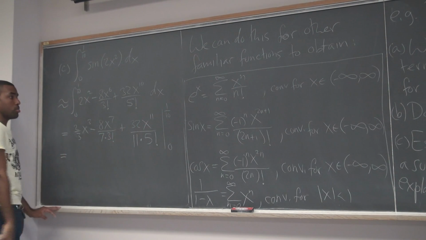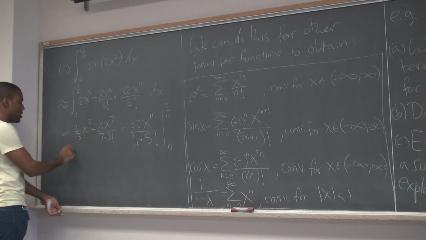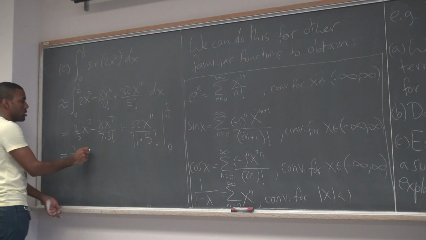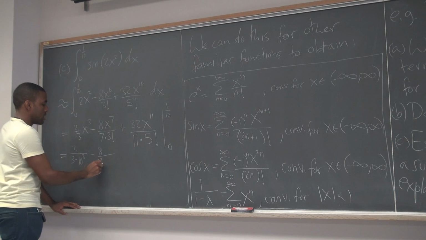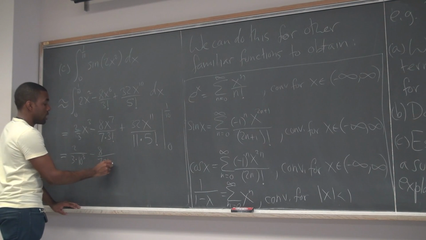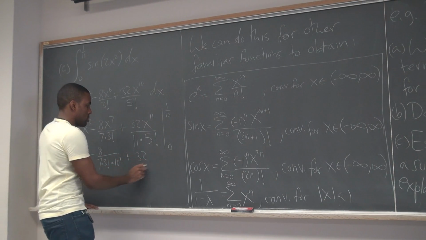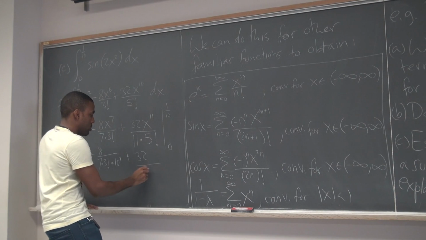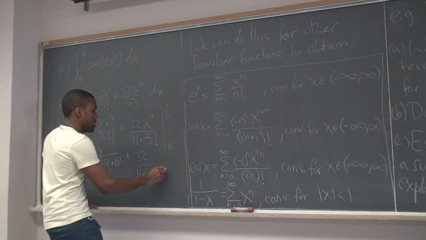Now, I'm just going to plug in 1/10. Obviously, if I plug in 0, I get 0. Plug in 1/10, I get 2 over 3 times 10 cubed minus 8 over 7 times 3 factorial times 10 to the 7 plus 32 over 11 times 5 factorial times 10 to the 11.